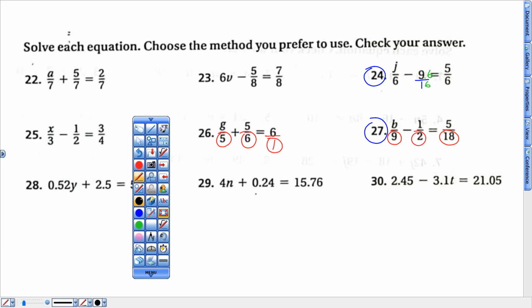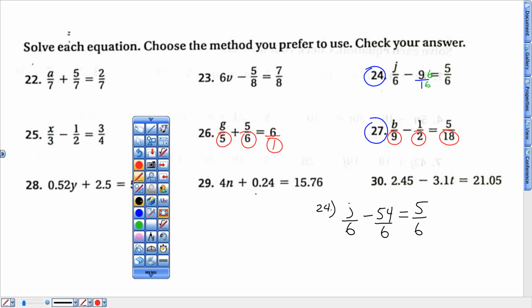So if I do number 24 here, 24 gives me j over 6 minus, and then 9 times 6 is 54 equals 5 over 6. And then remember, 54 over 6 is in disguise negative 9. So now I take just the top part and solve that.